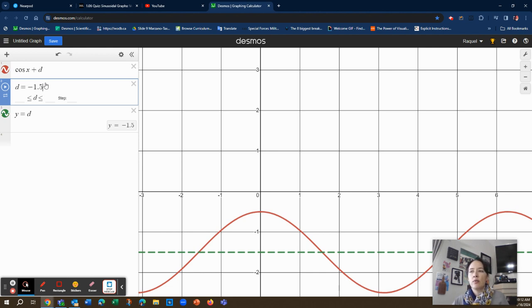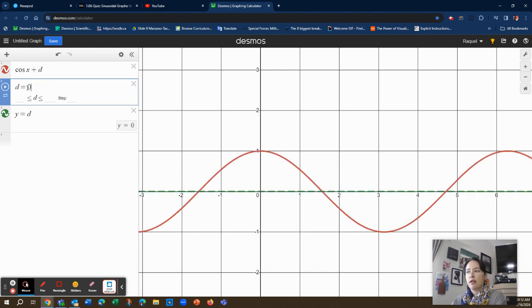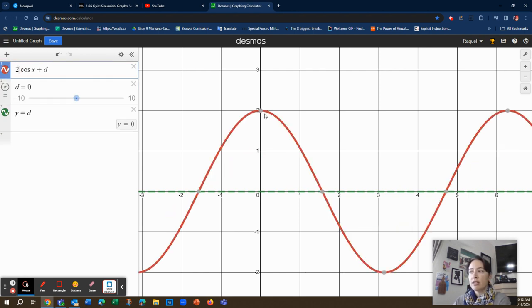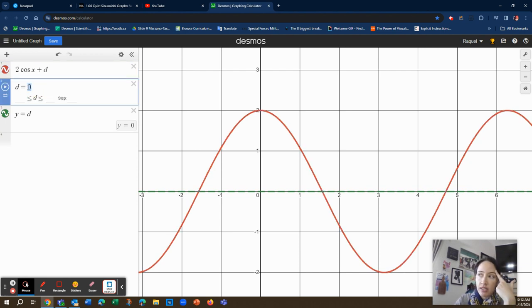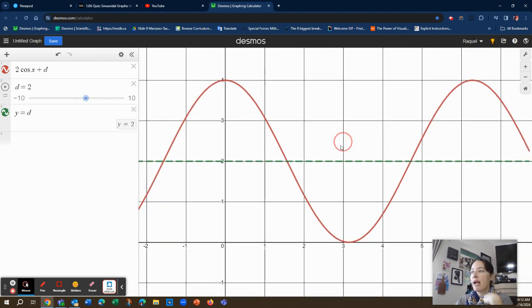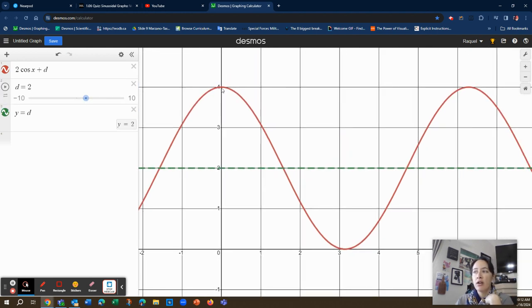Normally, the amplitude, the number in front, let's say it's 2, we know the max is going to be at 2. But if it has a vertical shift of 2, we have to shift the whole graph up 2. So now our new starting point is at 4. It's no longer at 2 because the max is now 4 because we shifted the whole thing up 2 units.